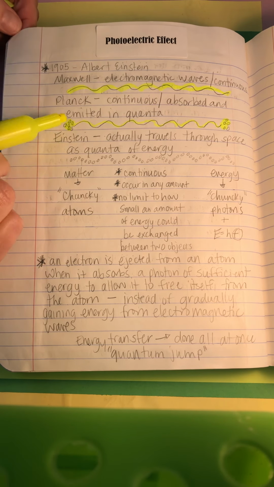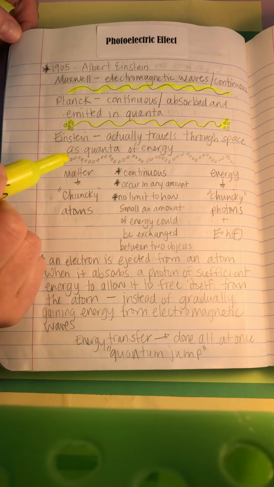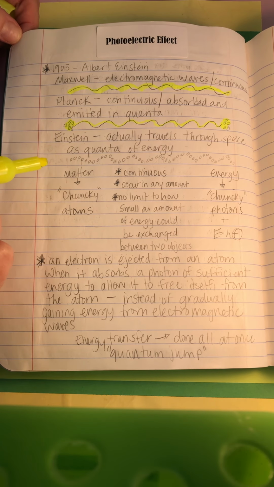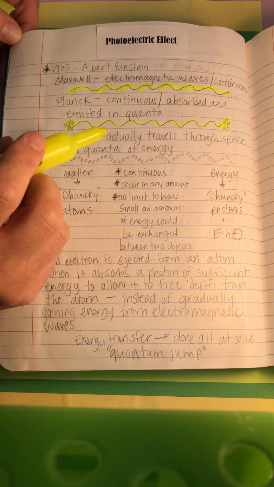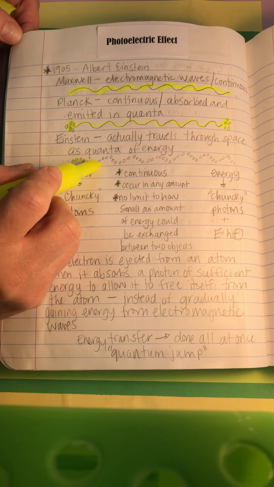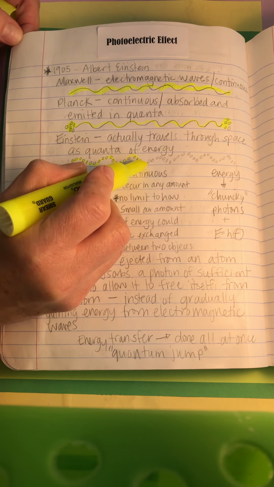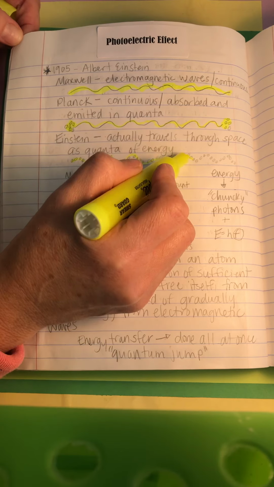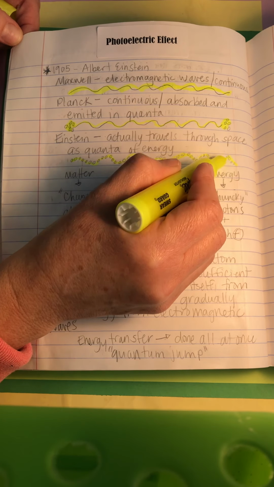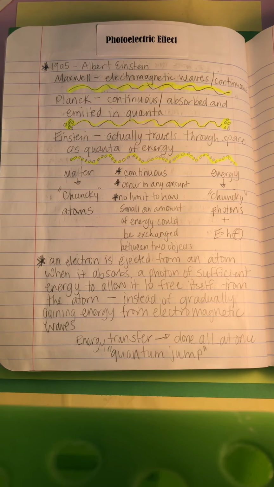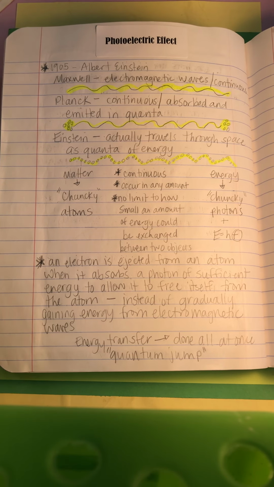It's absorbed in little packets. Then Einstein says, actually, it travels through space as quanta of energy, as little packets, and if we were able to bring it up to the scale of the micro for us to see, we would see that it looks continuous, but it's actually these little packets.